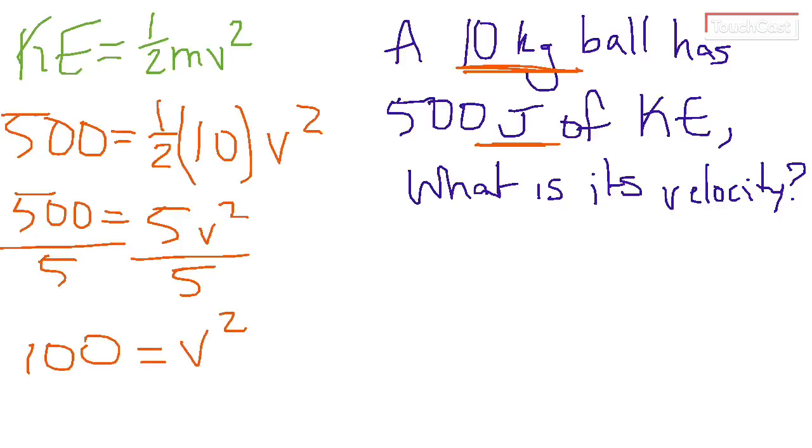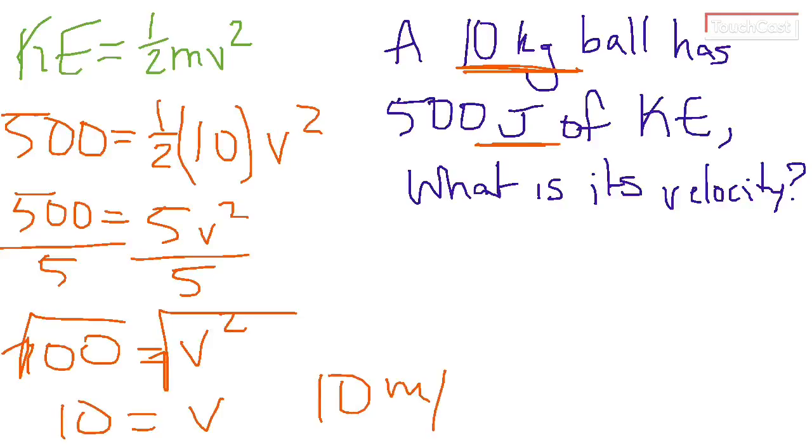For this final step we have to do the opposite of the exponent, so I square root both sides to get rid of the square on the v. I get 10 equals v, so that is 10 meters per second. Our ball is rolling, or has been thrown, at 10 meters per second.